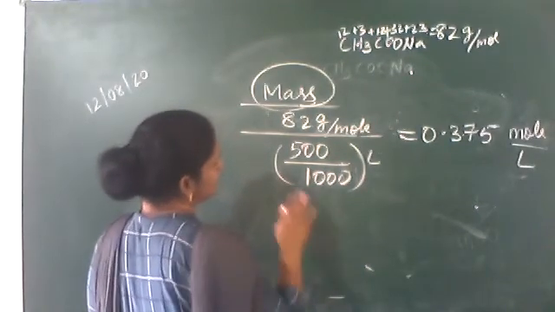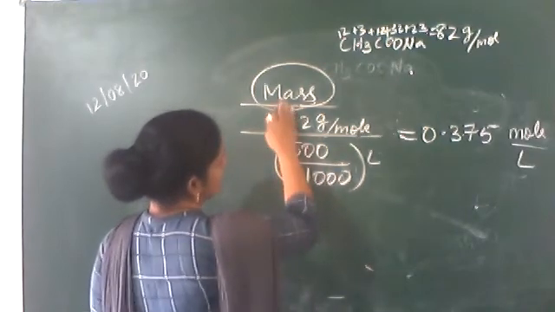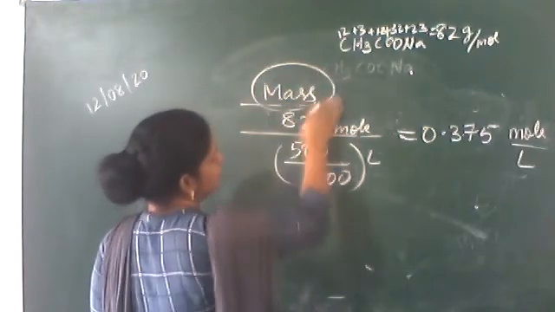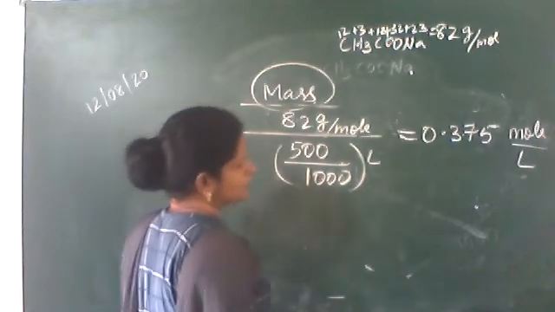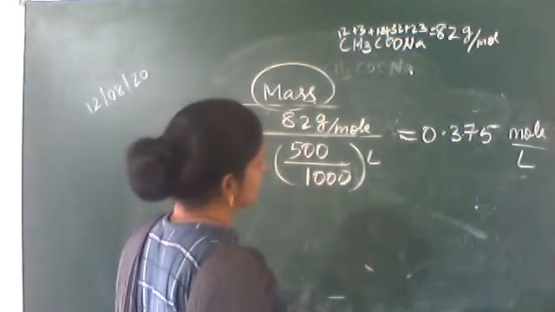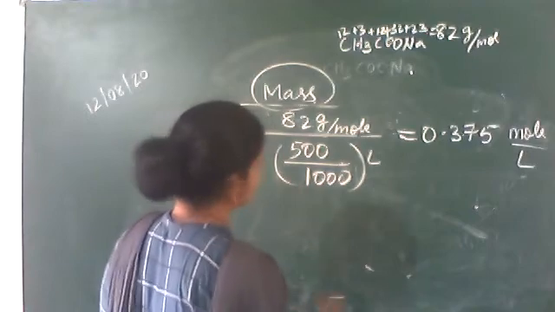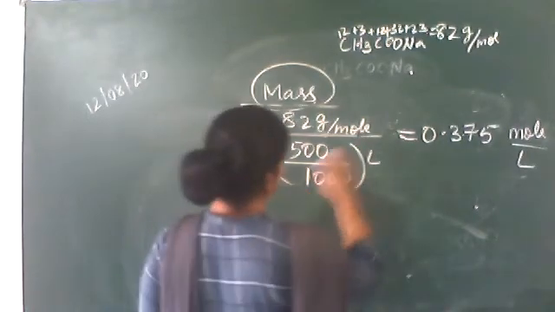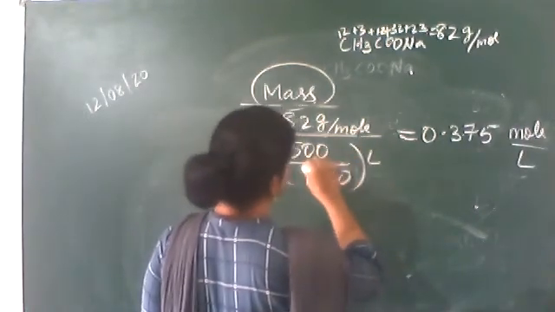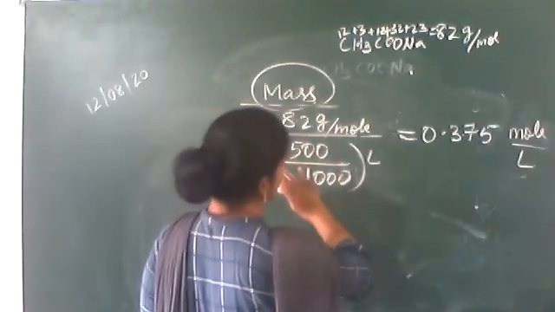So what you have to do? This mass, do not write the unit of mass here. It will come out by itself. The liter will get cancelled, moles will get cancelled, and finally you will get only grams.